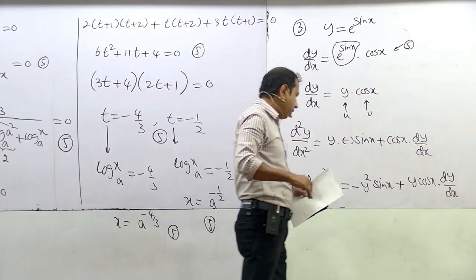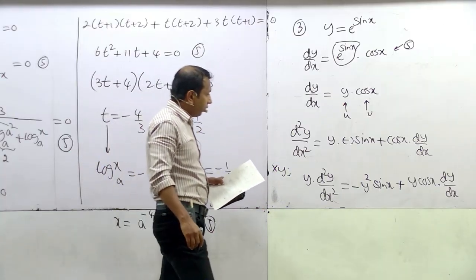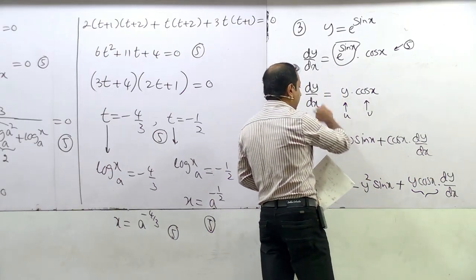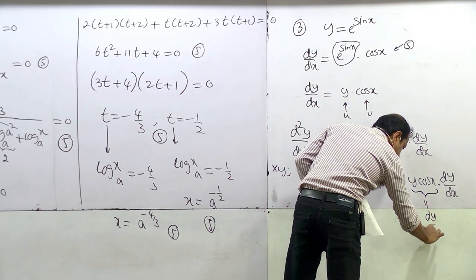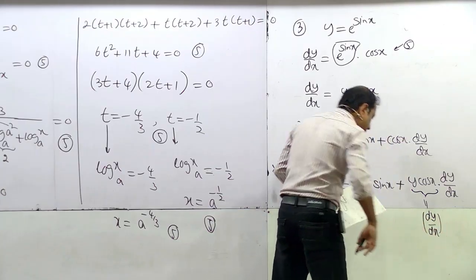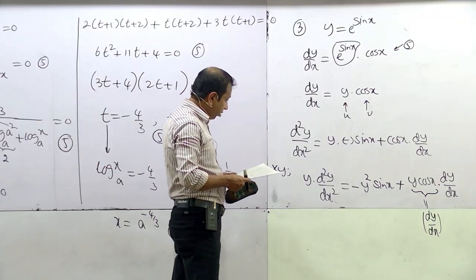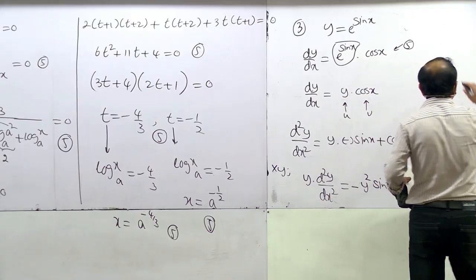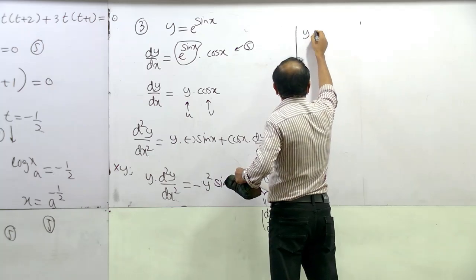We multiply both sides by y. But this y cos x is here. y cos x means this, that is again dy by dx. So we get the answer, no? Then we get y times the second derivative.